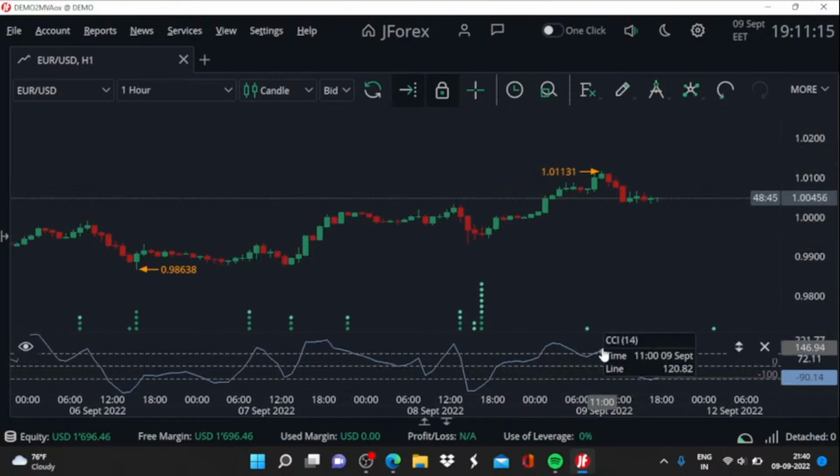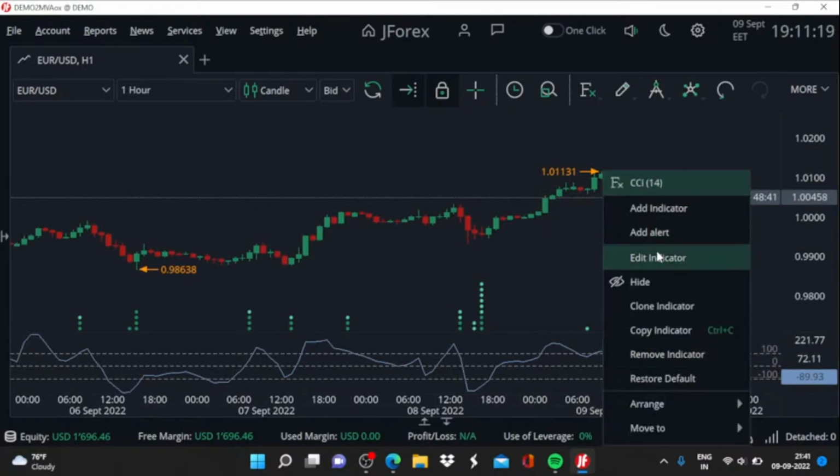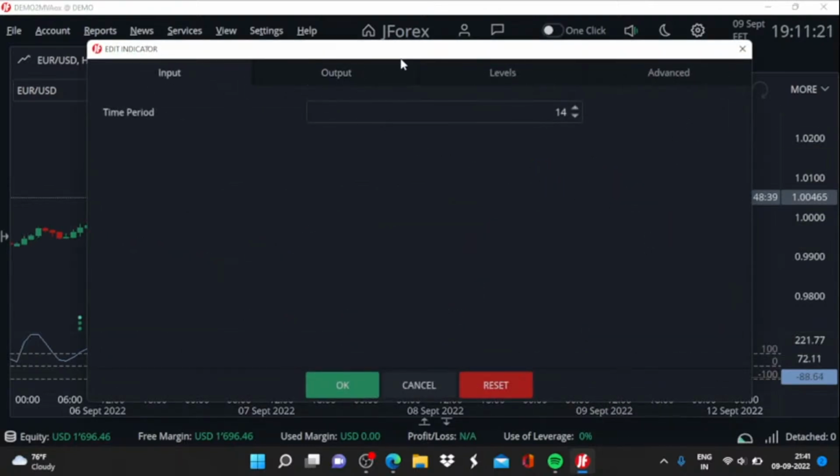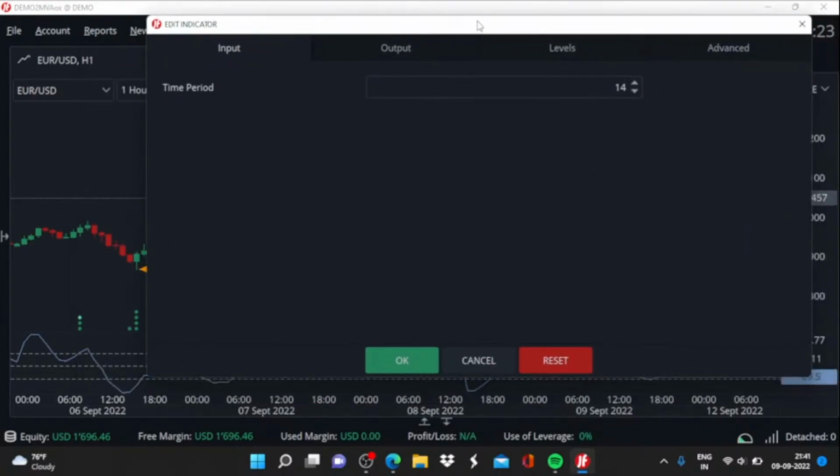Now, coming to its customization options, let us see what we can do with the customization of this indicator. So here, as I said in my introductory remark, the indicator takes into consideration the average price and the recent closing price, and then compares it to the mean deviation. So that's how we get these indicator values.